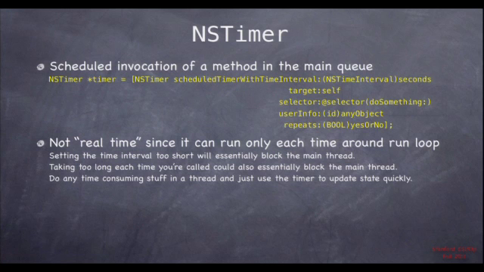A, you don't want to do a lot of heavy-duty work in this thing because you don't want to block the main queue. Okay? And B, you don't want to be calling this thing too often because that could essentially block the main queue. If you're calling it like once every 1,000 times a second or 100 times a second even, you're just going to be constantly distracting the main queue to go do this thing. So it's really not for that appropriate level of doing things, okay?